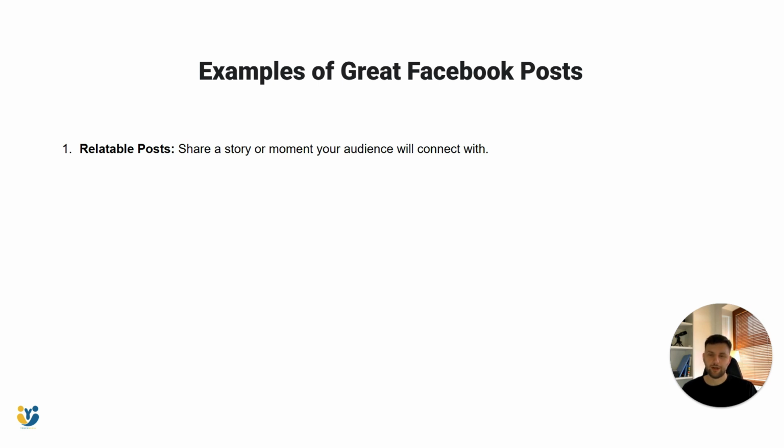Share a story or moment your audience will connect with. I feel like personal stories, especially when your audience can sense this is actually your story and it's not just a story generated by AI, for example, will resonate and create a bond, which is what you're ultimately looking for, right?